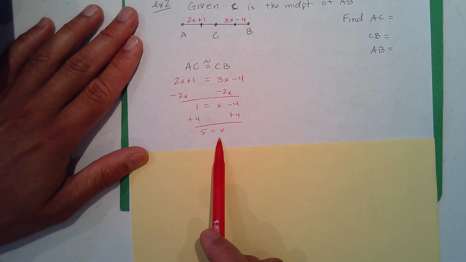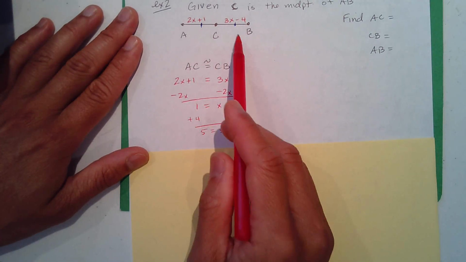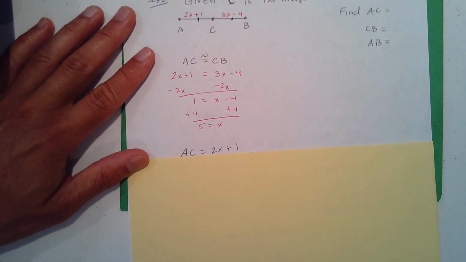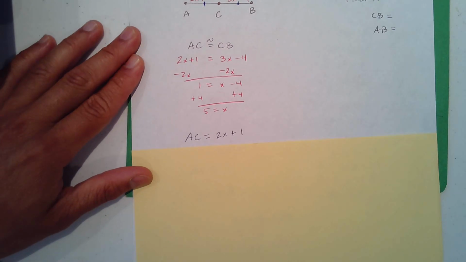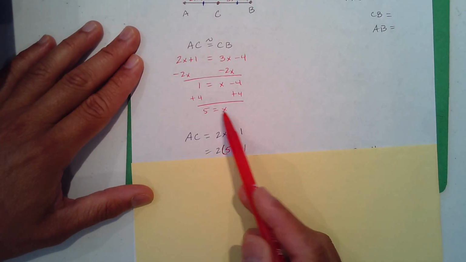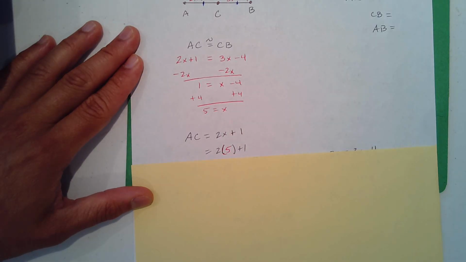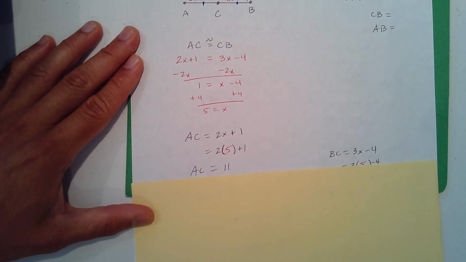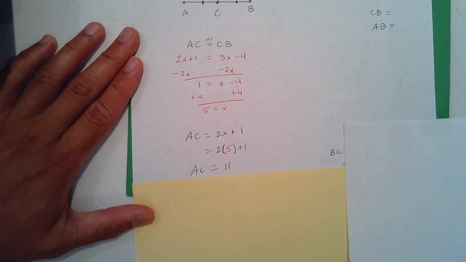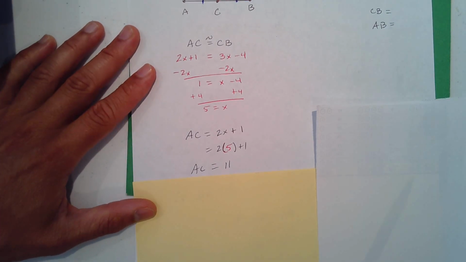Now that we know what x is, we can find AC and CB by substituting 5 wherever we see an x. So AC is equal to 2x plus 1. Substitute 5 for x. That's what we said earlier. Do the math, multiply and add. So now we have AC is equal to 11.